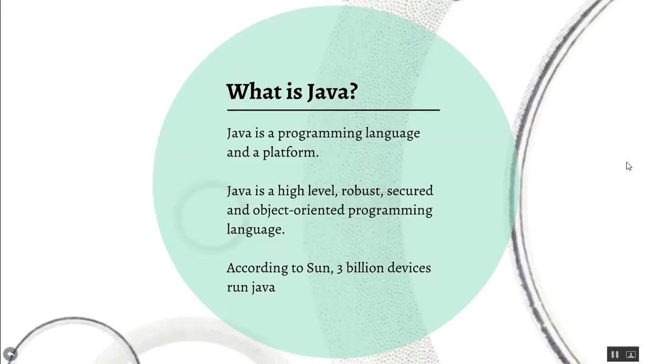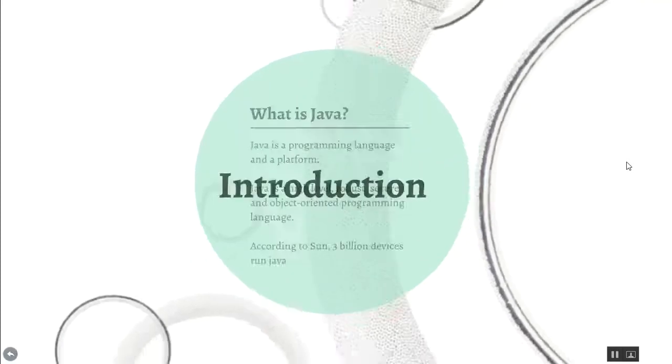Enterprise applications such as banking applications we can also develop using Java. Mobile applications and embedded systems are also places where Java is being used right now. The smart card, robotics, games, etc. These are the things where Java is actually used.